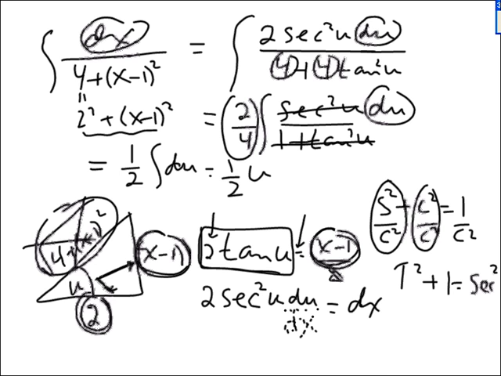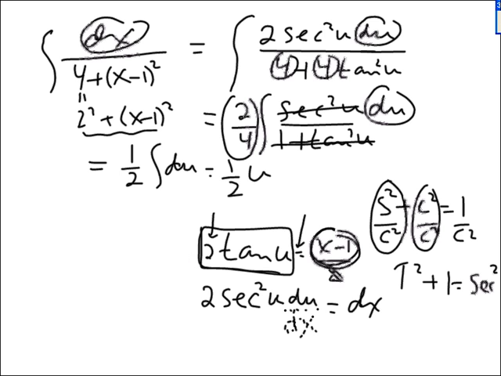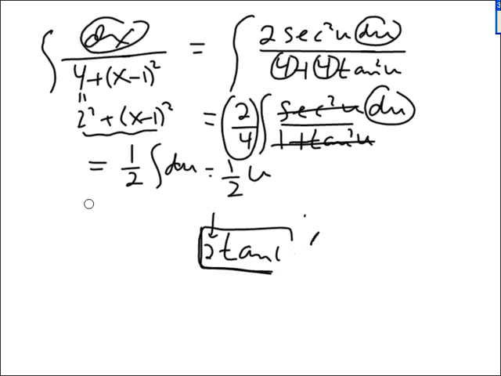Okay. Now, let's just clean this up a little bit. Unfortunately, part of that got erased. Tangent u is x minus 1. This time, I want to put the 2 on the bottom.